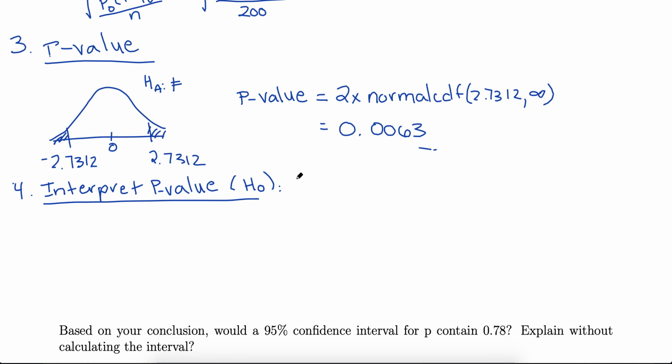So if the null is true, or in other words, if 78% are bankrupt, I'm just going to write an abbreviated version of that. So after 2 years of retirement, 78% of NFL players are bankrupt. We would see data like ours.